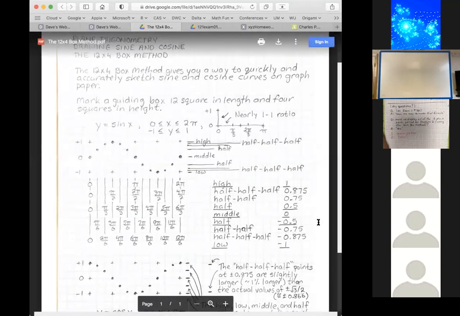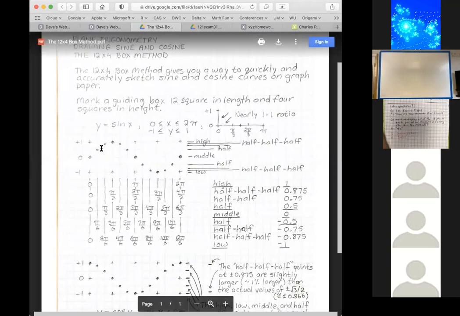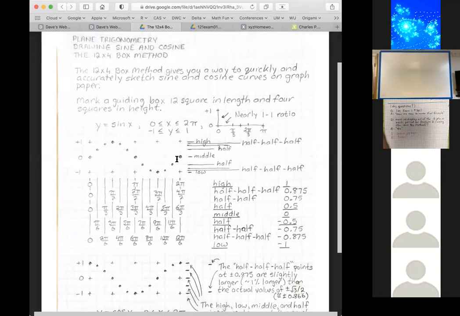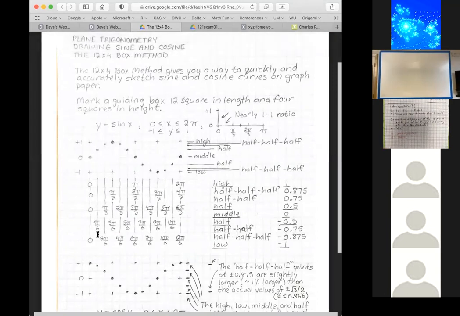We're looking at this handout where we referred to the 12 by 4 box method, and you're asking about the graphing problem, which is problem 2. I don't mind if you add more than these 13 points here. I took the interval from 0 to 2 pi and cut it into 12 pieces. That's every piece worth pi over 6, as I tried to show you in the picture.